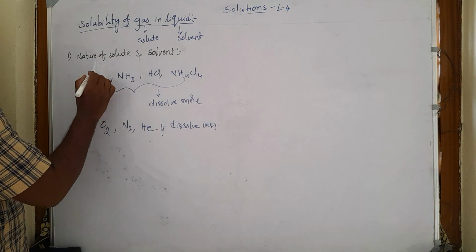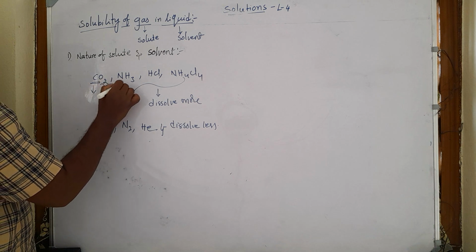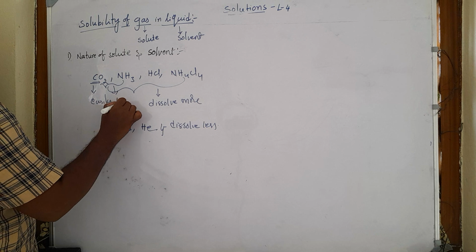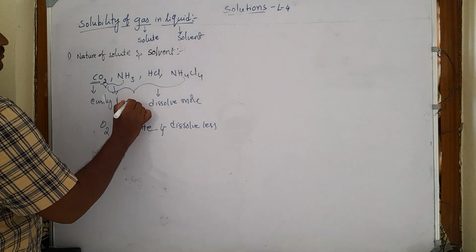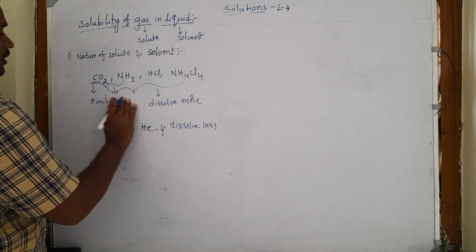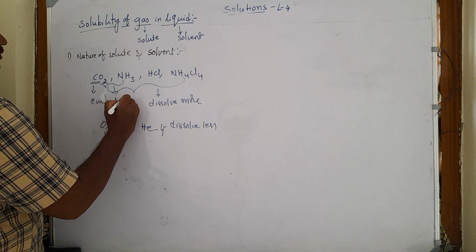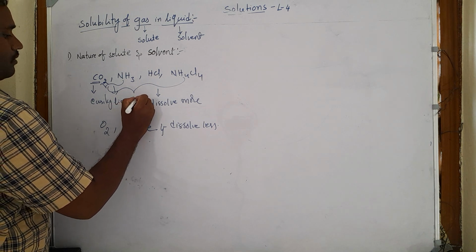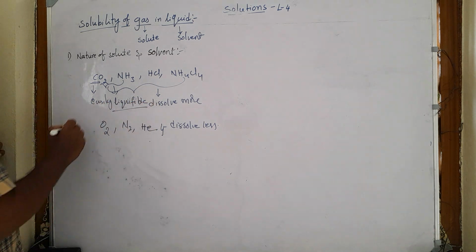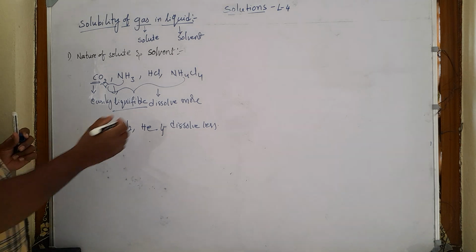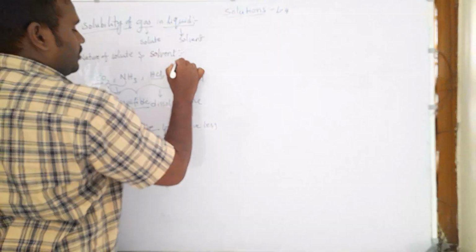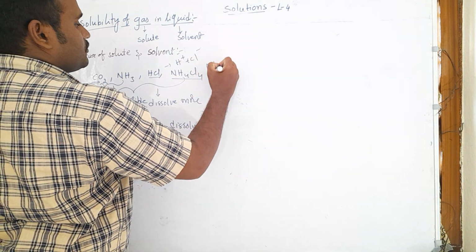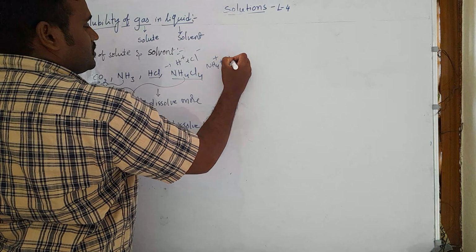Because CO2 and NH3 are easily liquefiable, we can easily convert them into liquid. And HCl and NH4Cl form ions, H plus and Cl minus, and NH4 plus and Cl minus.